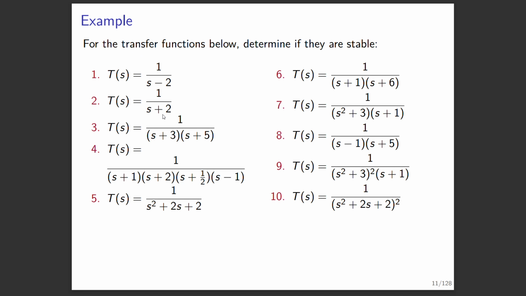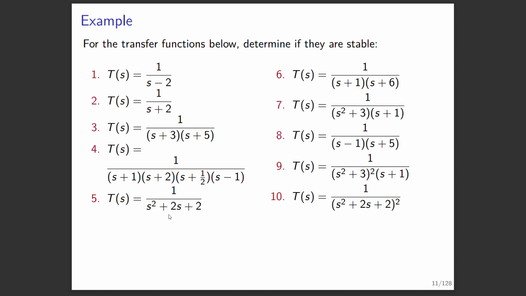So your system is stable because the only pole it has is on the left-hand side of the j omega axis. System 3 is stable. It has two poles. They both are on the left-hand side. System 4 has 1, 2, 3, 4 poles. These three are on the left-hand side, but this one is on the right-hand side. So the system is unstable.